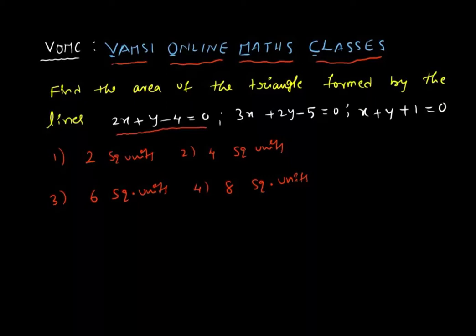Here a1 value is 2, b1 value is 1, c1 value is minus 4. The second equation is 3x plus 2y minus 5, so a2 value is 3, b2 value is 2, c2 value is minus 5. The last equation, x plus y plus 1 equal to 0. Here a3 value is 1, b3 value is 1, c3 value is 1.